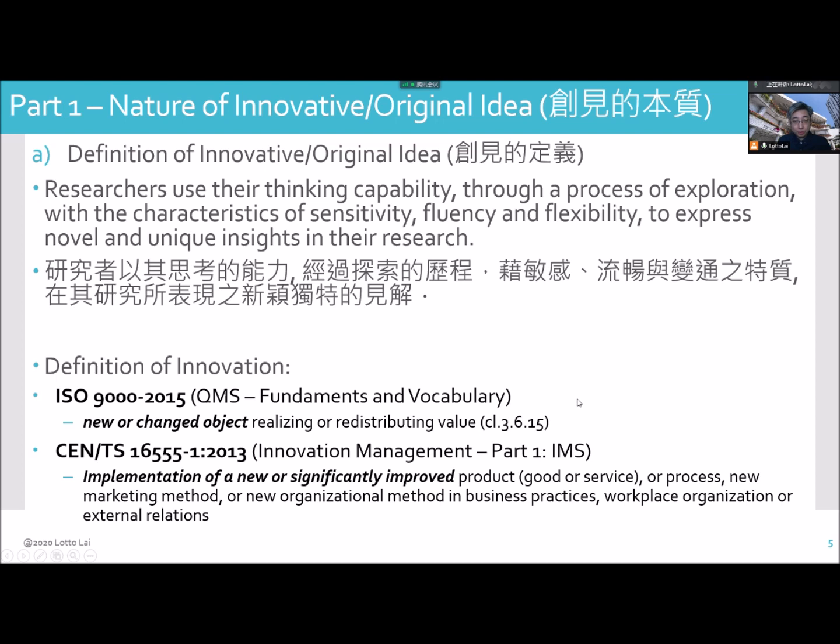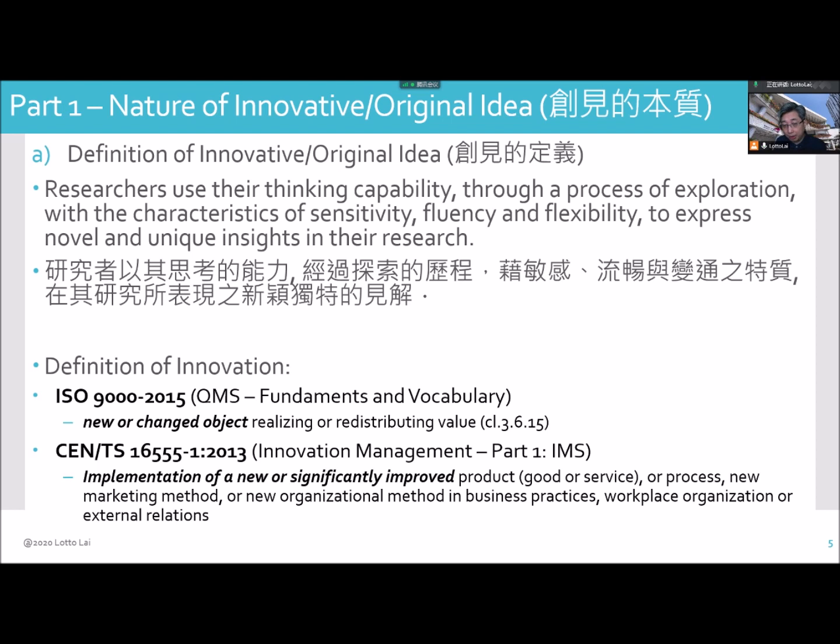I also share some definitions from standards. ISO 9000:2015 defines innovation as a new or changed object that realizes or redistributes value. Another, the European standard 16555-1, defines it as the implementation of a new or significantly improved product, good or service, process, new marketing method, or new organizational method in business practice, workplace organization, or external relationships.